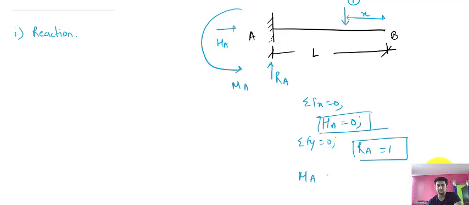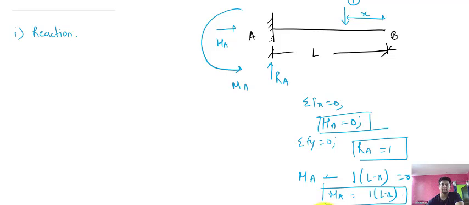Ma I have taken positive, as this is anti-clockwise, so minus 1 into (L minus x) equal to 0, and from here we will get Ma equal to 1 times (L minus x). Okay, so I have got all the reactions here.